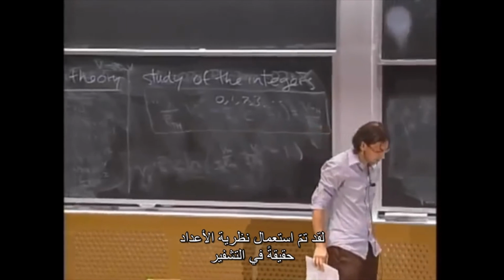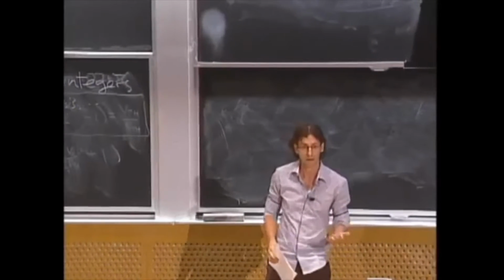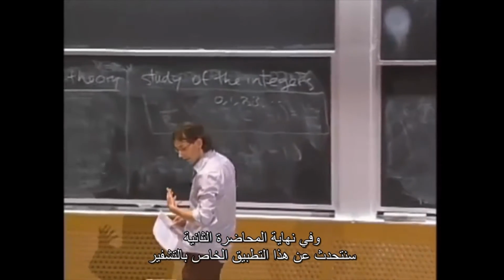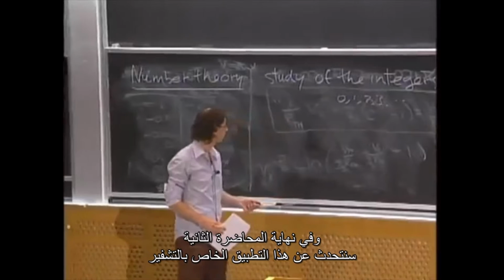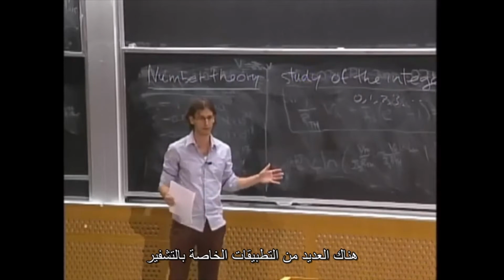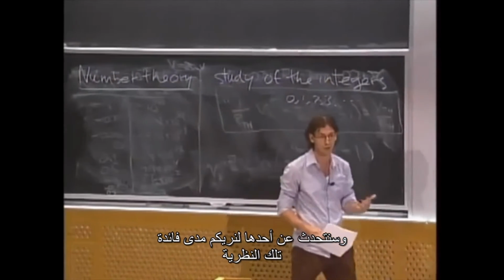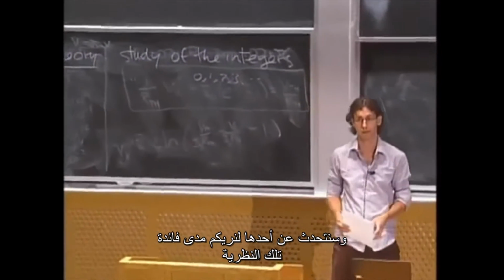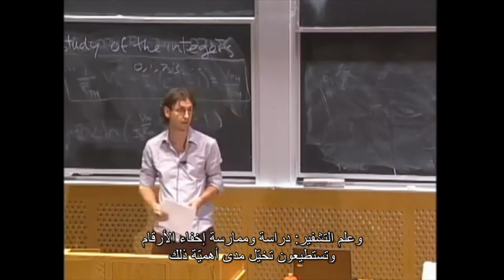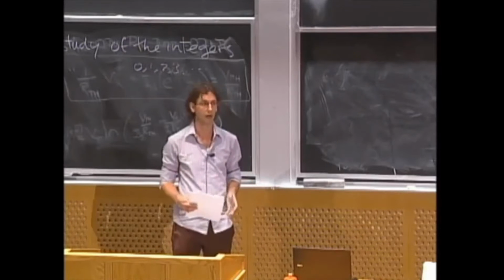Number theory got used in cryptography only about 40 years ago. And at the end of the second lecture, we will be talking about this application to cryptography. There are many applications in cryptography, but we will be talking about one of them to show you how useful this is. Now, cryptography is the study and practice of hiding numbers, and you can imagine how important that is.